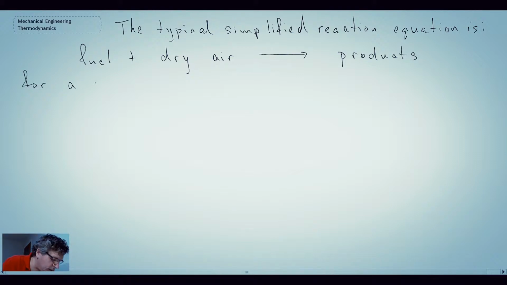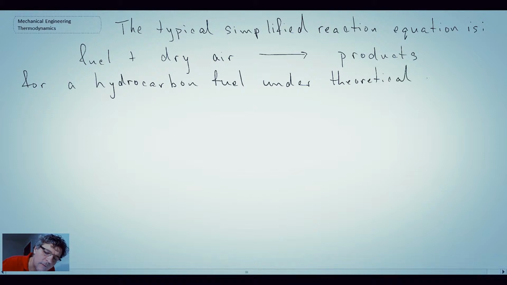So let's consider a hydrocarbon fuel under what we will call theoretical combustion, and we'll define that in a moment. And what that implies is that there is no oxygen in the products.